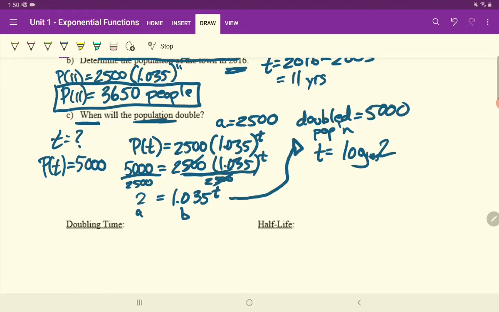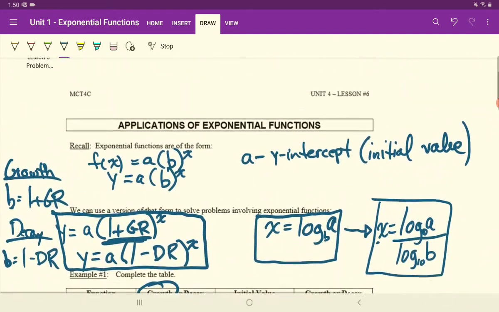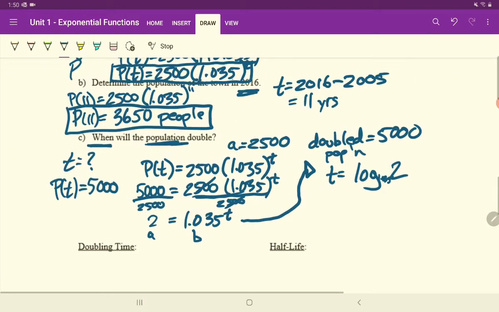Now convert it to base 10 so we could plug it into our calculator. Okay, so base 10 up here. So take the log of a with base 10 divided by the log of b with base 10.